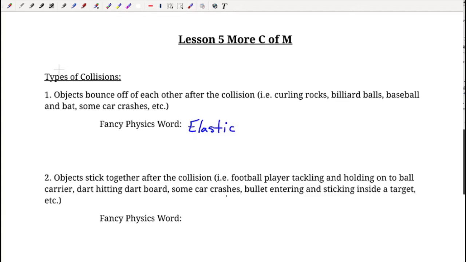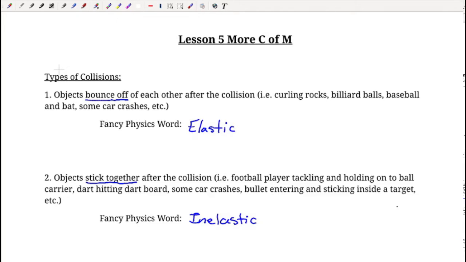Some car crashes, the cars stick together, or bullets entering and sticking inside a target, you get the idea. And when they stick together, these are called inelastic collisions. So elastic collisions bounce off. Inelastic collisions, objects stick together.